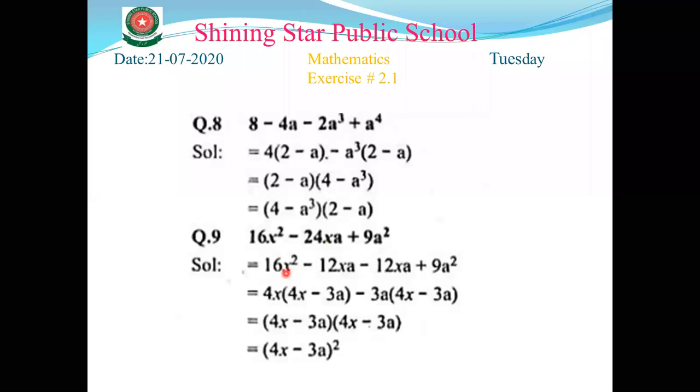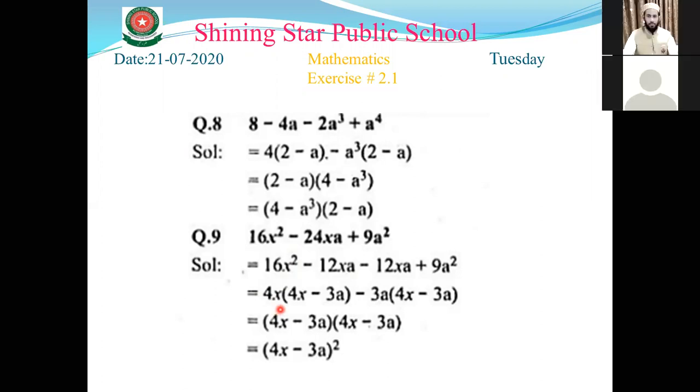Now, from these two terms, we can take the common 4 because we can divide 16 and 12 with the help of 4. And we also take common x because here we have x and here we also have x. So now we can take the common 4x. And when we take the common 4x, it becomes 4x minus 3a.